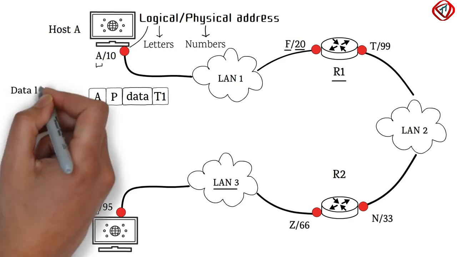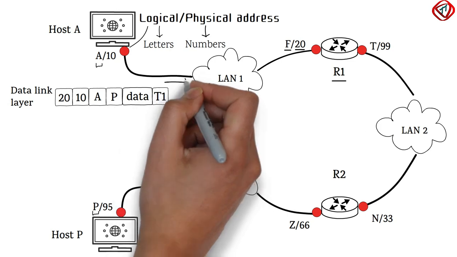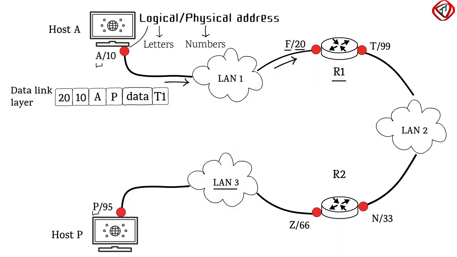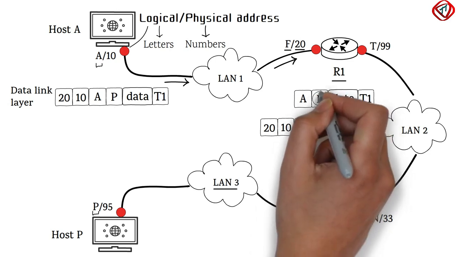Now, the network layer passes this address to the data link layer, which encapsulates the packet with destination physical address 20 and the source physical address 10 to form a frame. All devices in LAN 1 receives the frame, but only router 1 accepts it. Others drop it.